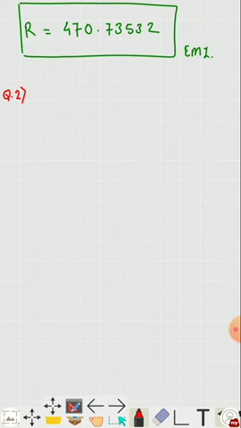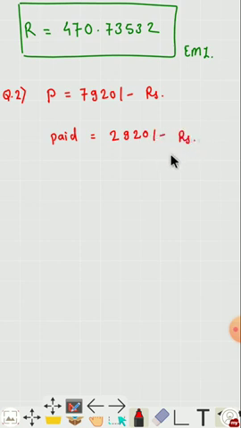A person bought a TV worth rupees 7,920, of which he paid 2,920 rupees.